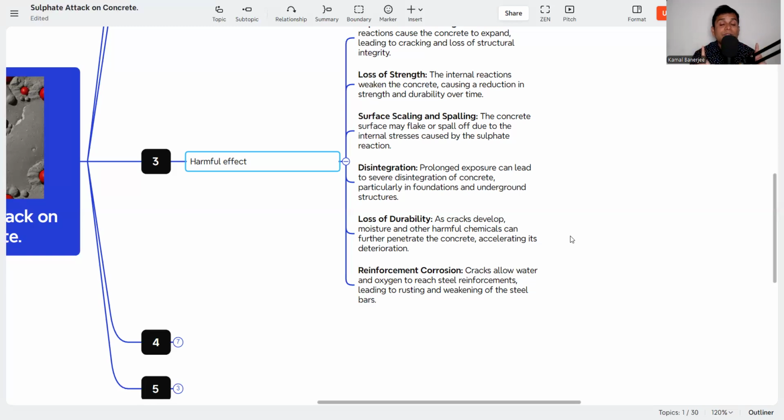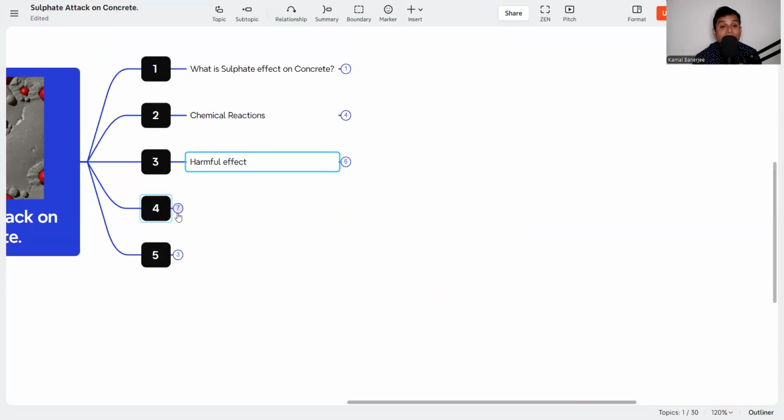But if sulfate is attacking the concrete, due to this chemical reaction all these phenomena can happen, which not only reduces the strength, the durability is also a concern. So it's a very harmful effect. We need to take great care to protect our concrete. In the next part, I will discuss the remedial measures.